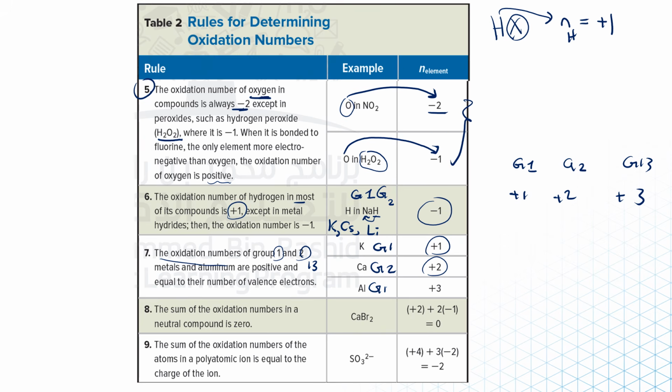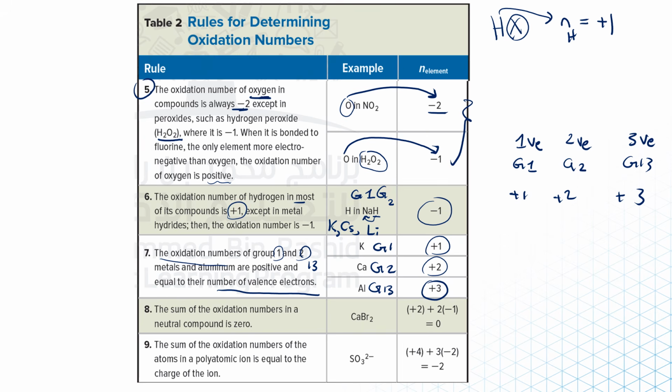Al is in group 13 so the oxidation number is +3. Okay, it's the same as the valence electrons because group 1 has 1 valence electron, group 2 has 2 valence electrons, group 13 has 3 valence electrons. So when they lose these electrons, these are the charges or the oxidation numbers they will have. Again, stop the video, repeat it again whenever you need.